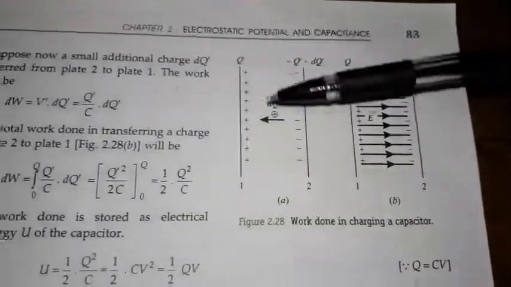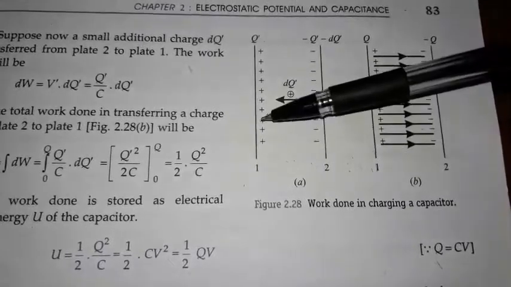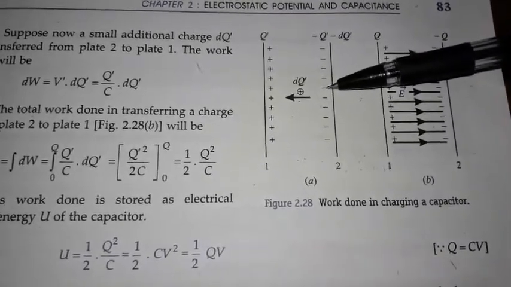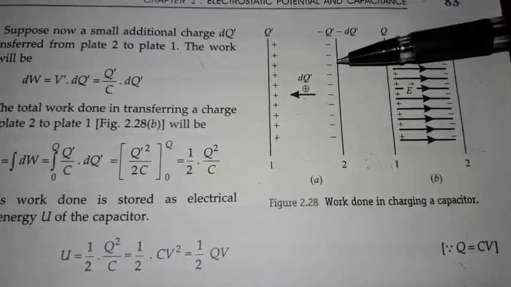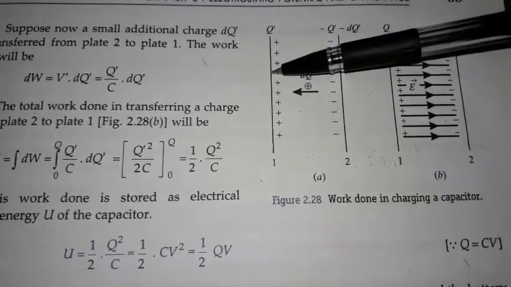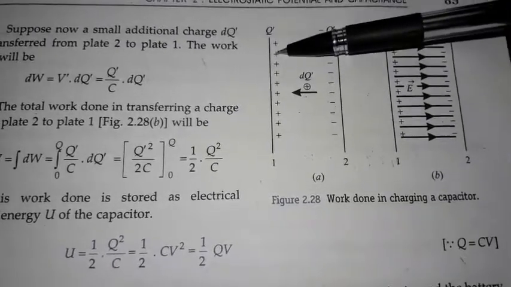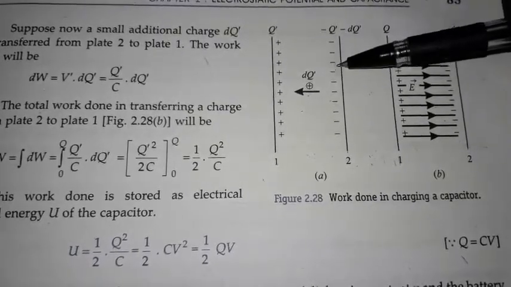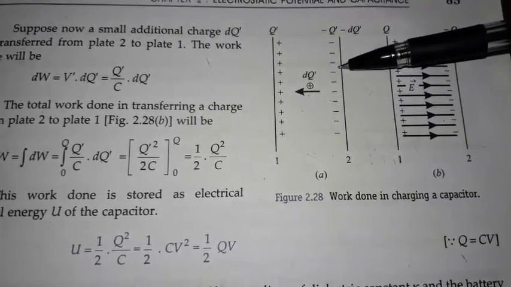In the diagram we see in picture A, two metal plates 1 and 2 which are initially uncharged. Now bit by bit we transfer positive charge from metal plate 2 to metal plate 1. Then plate 1 will acquire positive charge and plate 2 negative charge.